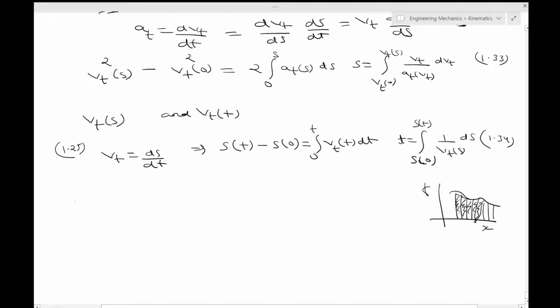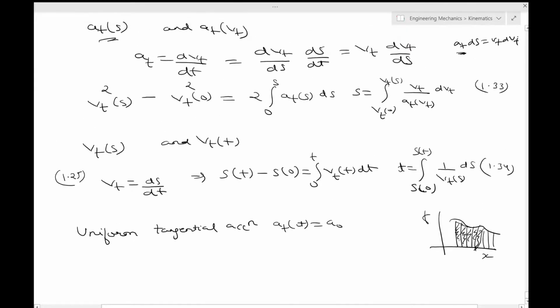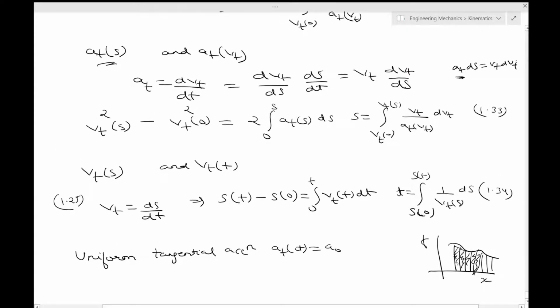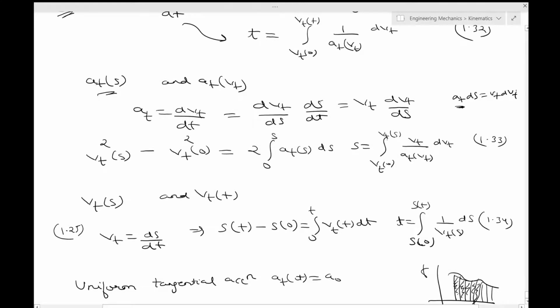So if you have a uniform tangential acceleration, At of t is equal to a naught, it's a constant, okay, then all these equations 1.32, 1.33 and 1.34, what would they become?